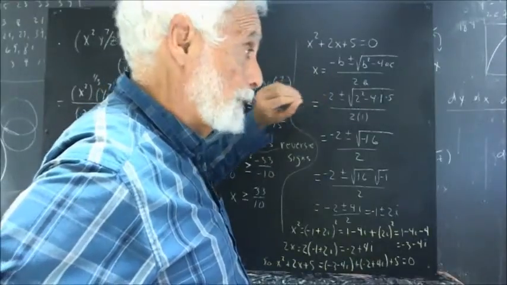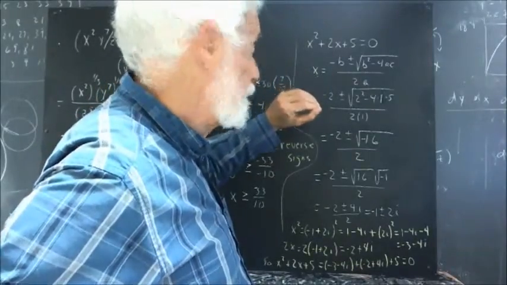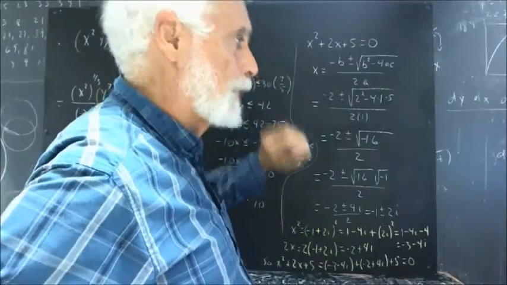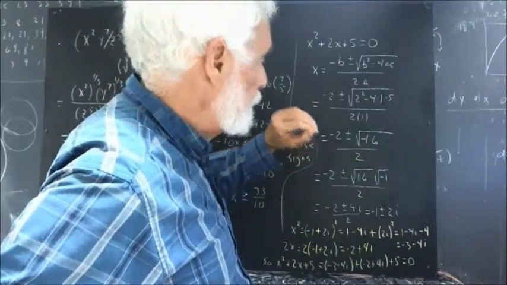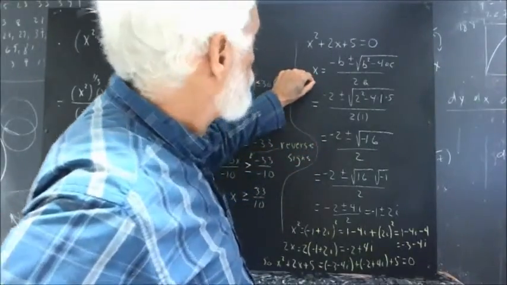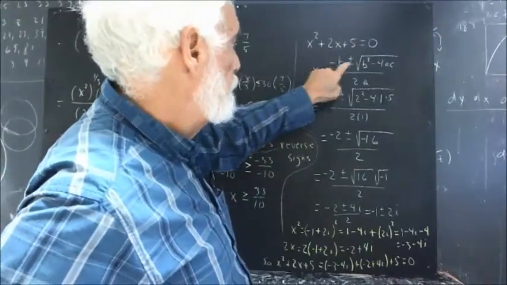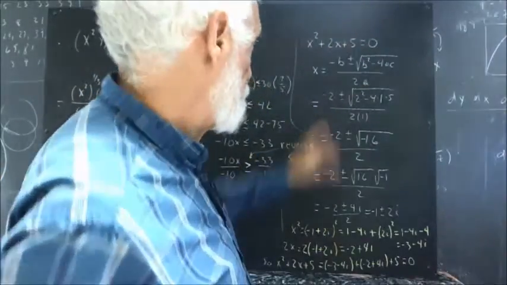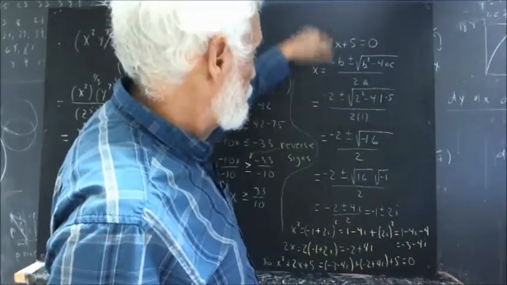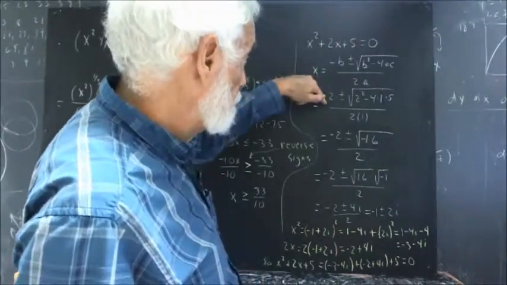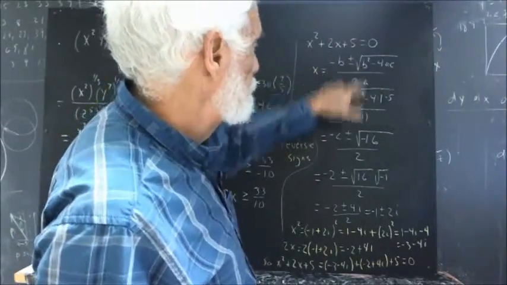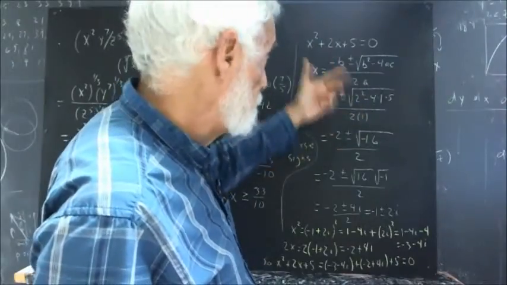When we're solving problems over the complex numbers, we always get a solution. So x is going to be negative b. Well, I'm not going to read the quadratic formula to you. B is 2, so negative b is negative 2. B squared is 2 squared, which is 4.